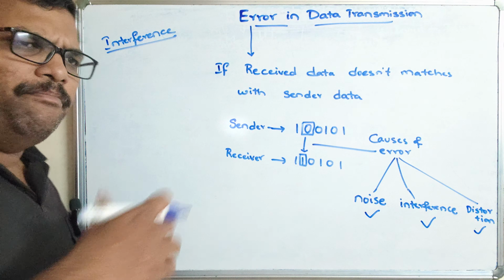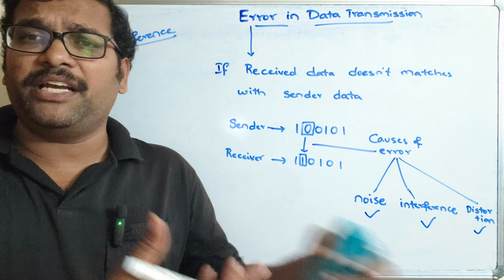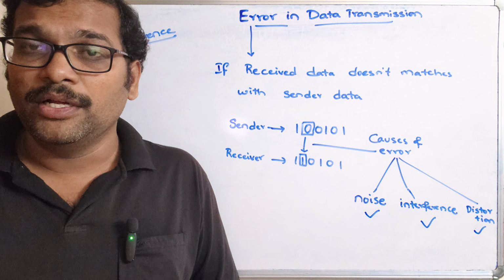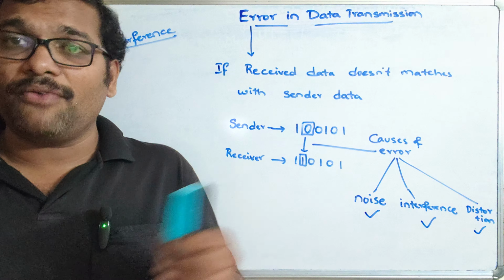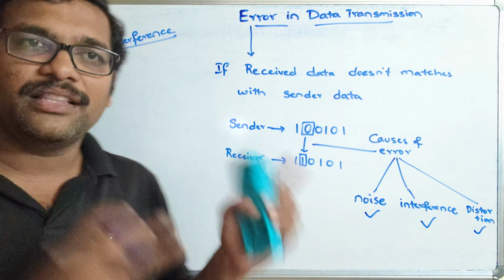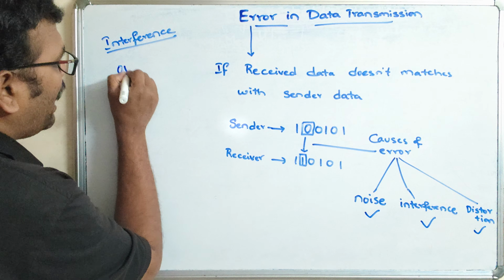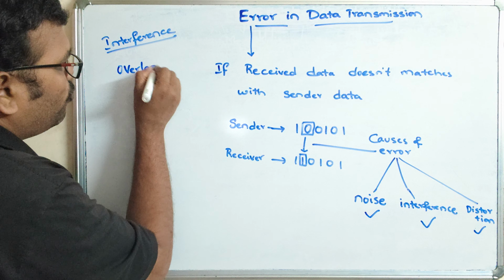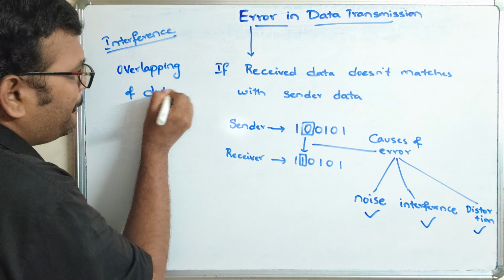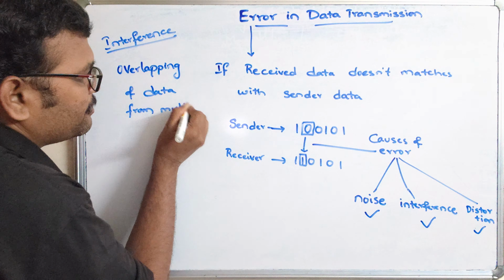At a time multiple senders will be sending data through the transmission medium. If there is any chance of overlapping of data from different sources, then we call it interference.